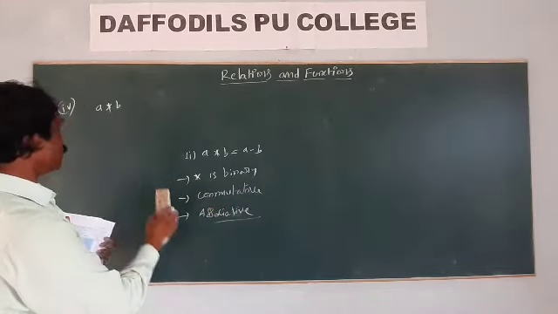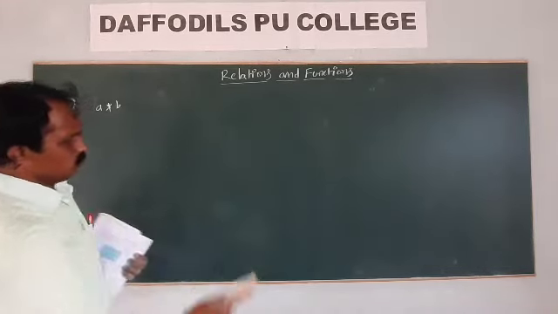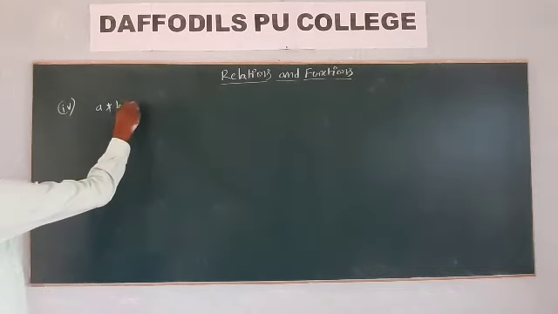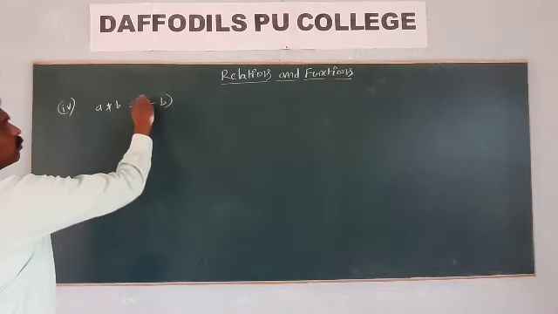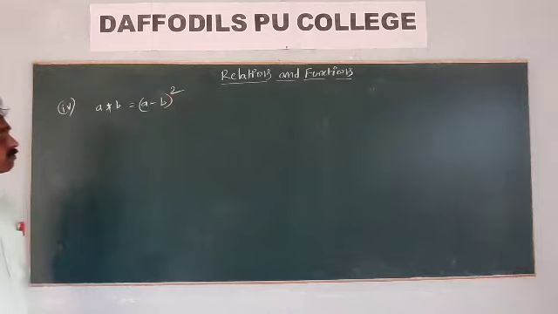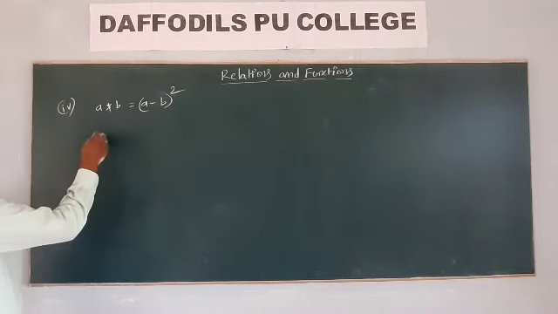Now I explain commutative for the 4th problem: A minus B whole square. First of all, check whether star is a binary operation or not.